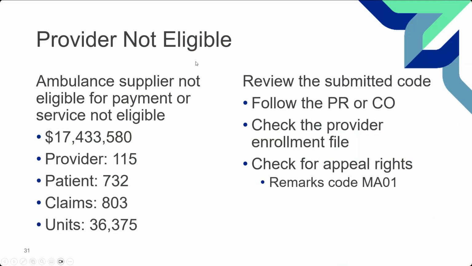This means the ambulance supplier isn't eligible for payment for whatever reason. Again, it's usually something related to the provider enrollment file that needs to be updated. Maybe they didn't do their revalidation. Maybe they don't have a current license on file with us. It doesn't mean you don't have a current license. It just means it's not here. Things like that will cause this type of denial.